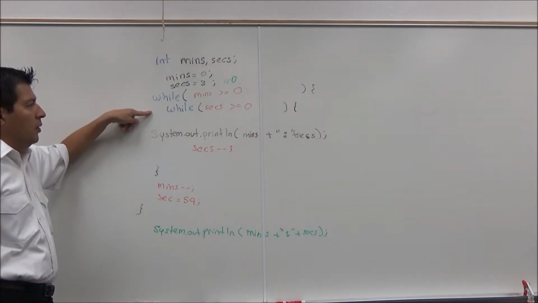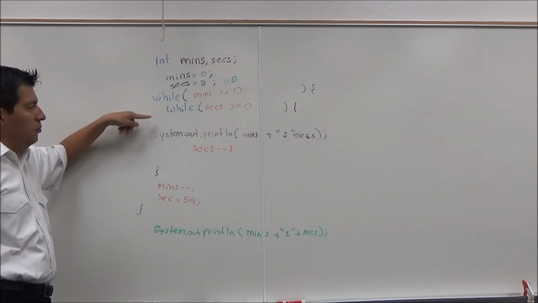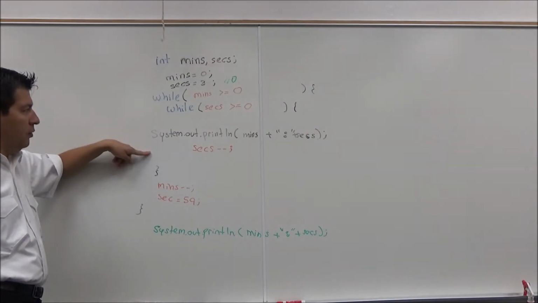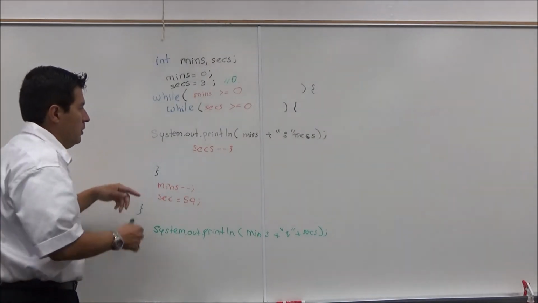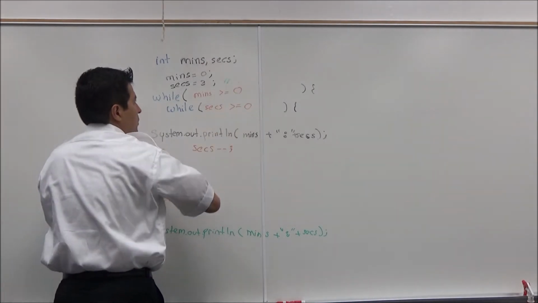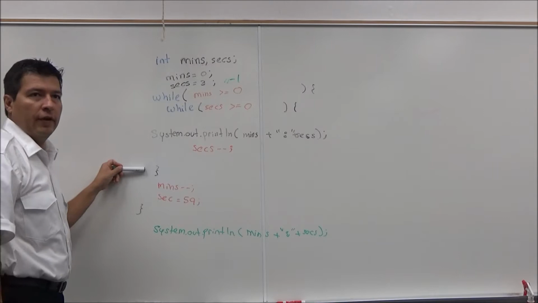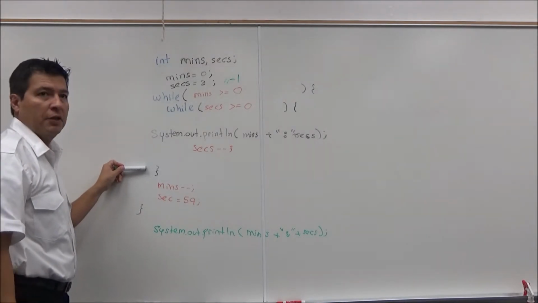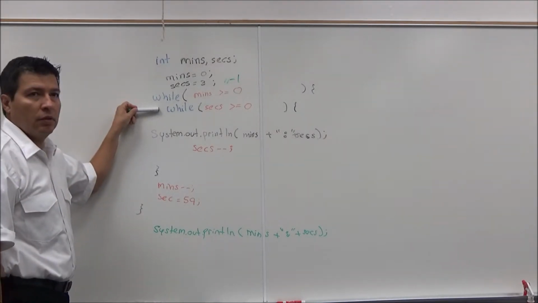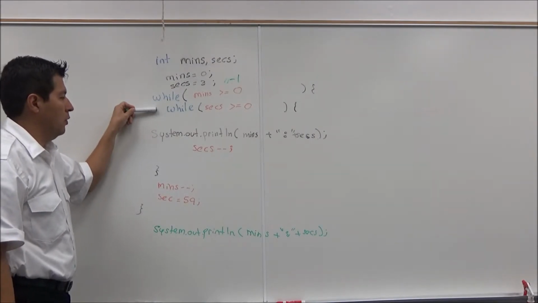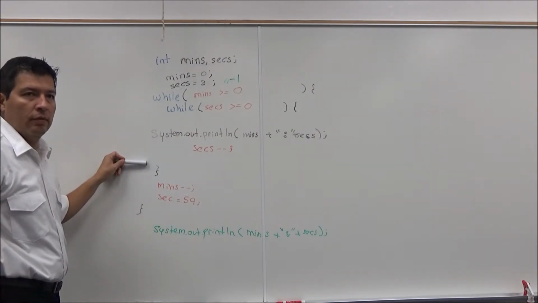Is 0 greater or equal than 0? Yep. It prints that. And decrement seconds. Well, seconds is -1, right? It finds the curly bracket here, goes to the matching curly bracket. Is -1 greater or equal to 0? No. So exits the loop, right?